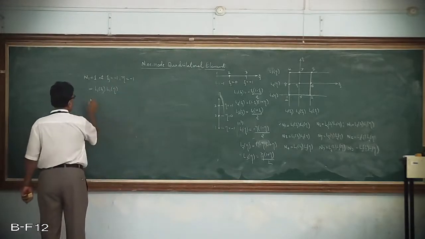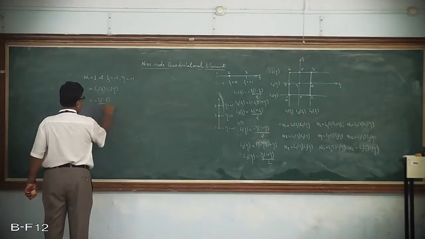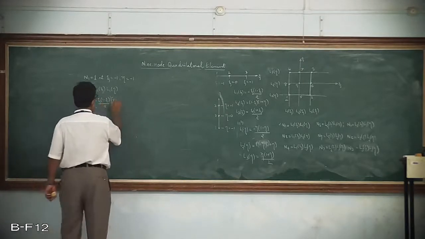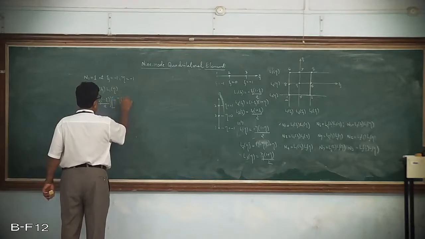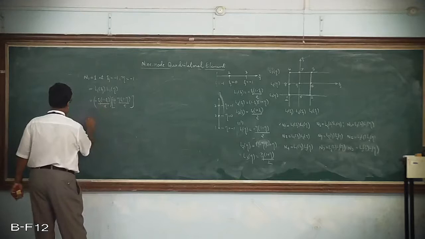What is this? L1 is equal to minus zeta (1 minus zeta) upon 2, and minus eta (1 minus eta) upon 2. Let us put these values. What will happen?